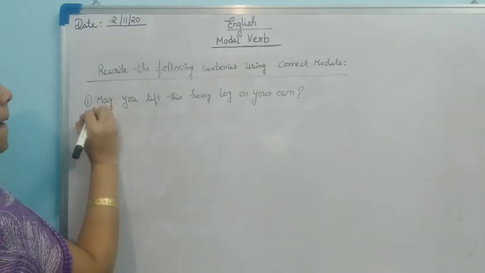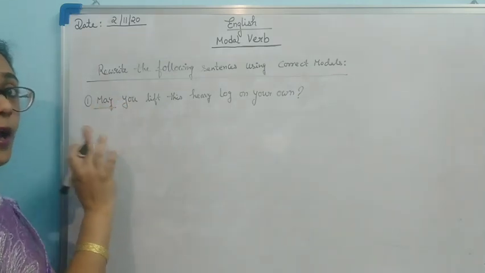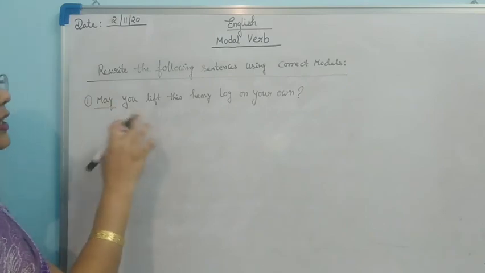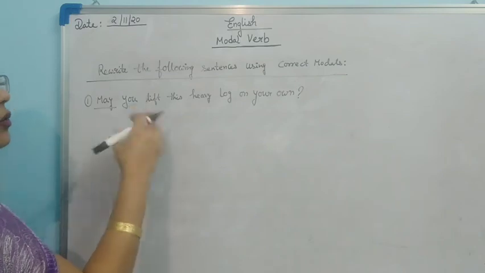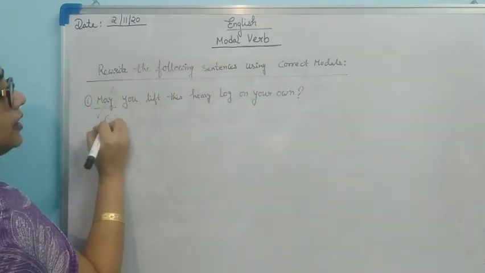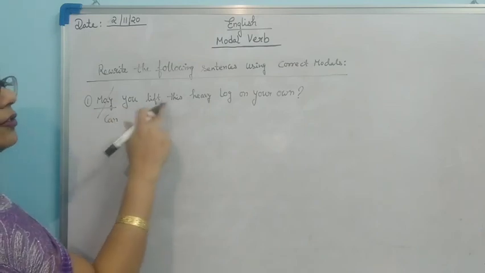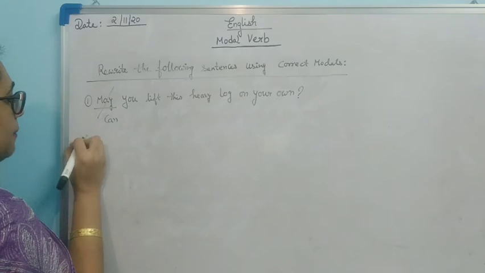I have used may. May you lift? No, it is not correct. Why? Because it is asking a question and it will be can you lift this heavy log on your own? So instead of may, we will write can. Can you lift this heavy log on your own? Okay, now let's see another example.